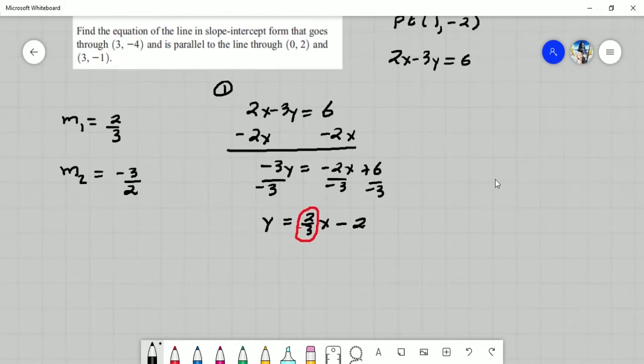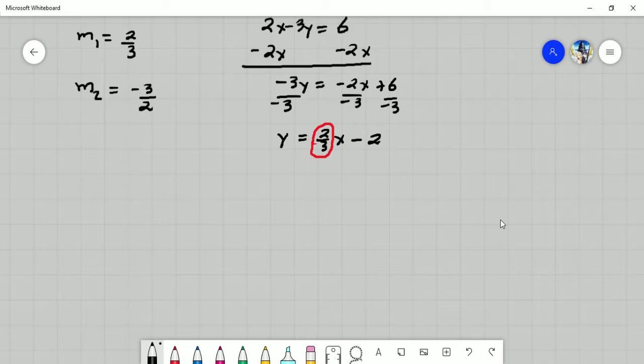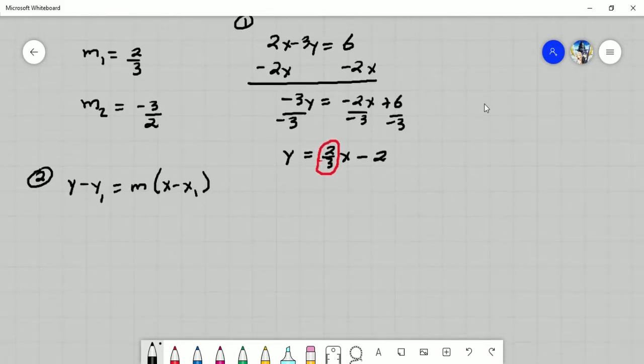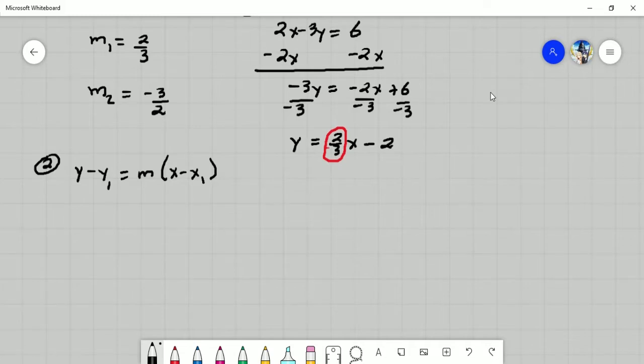So moving over, move it up here. Step 2, I'm going to use the point-slope form, which is y minus y1 equals the slope multiplied by x minus x1. The x1 and the y1 represent the point that our line is going through, so that is the point (1, -2). The m, again, is the slope.